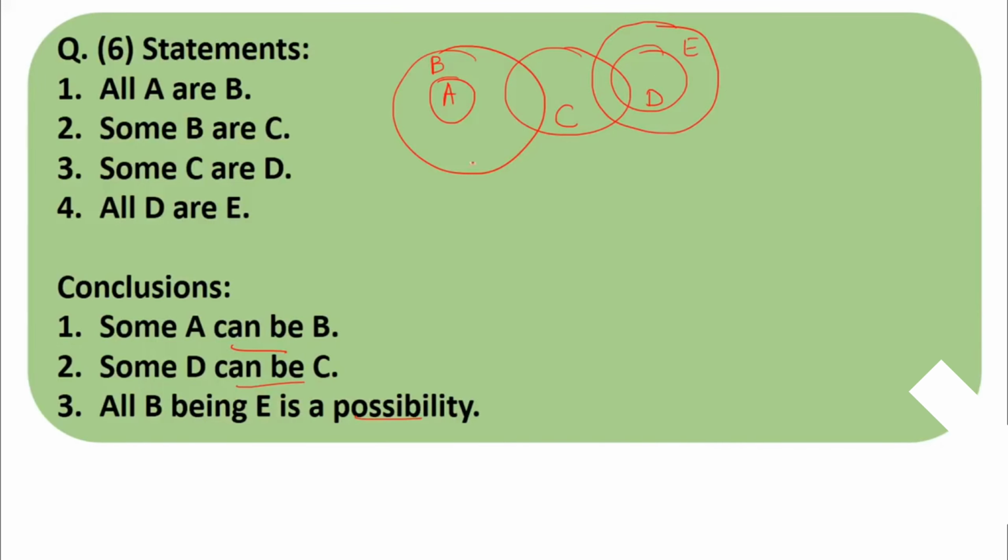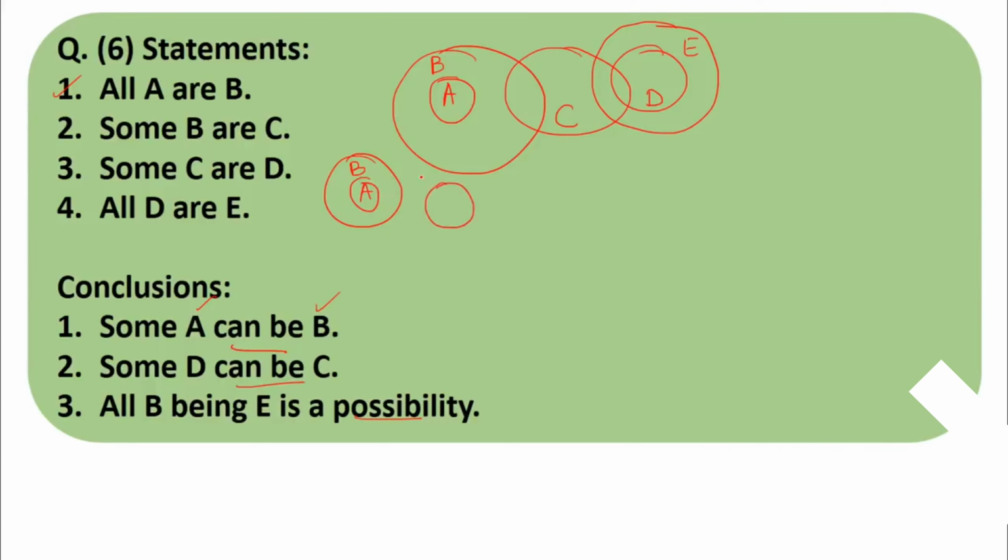Now conclusions, first one: some A can be B. Now over here what do we see? All the A are B, right? In the conclusion they have asked for a relation between A and B, correct? So where is the relation between A and B? Statement number 1, right? Statement number 1 is all A are B. How do we write that? We draw A, we draw B. What is the other way of drawing it?